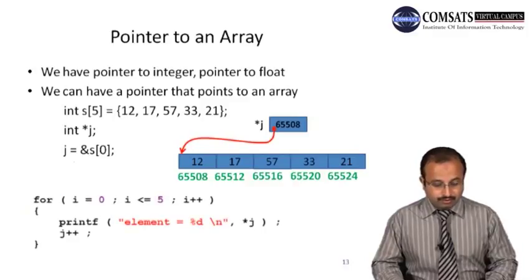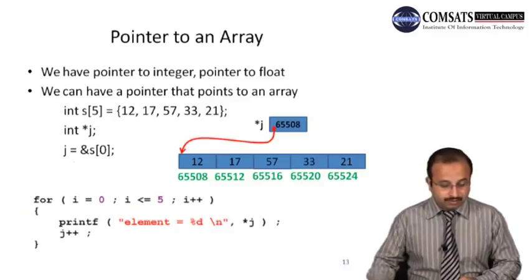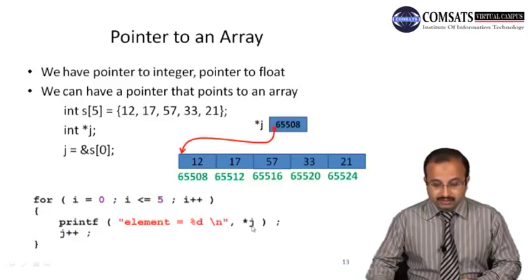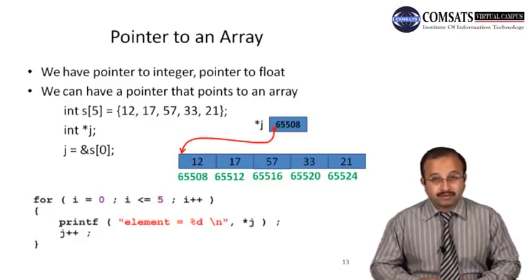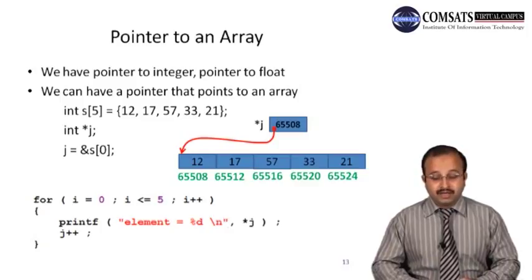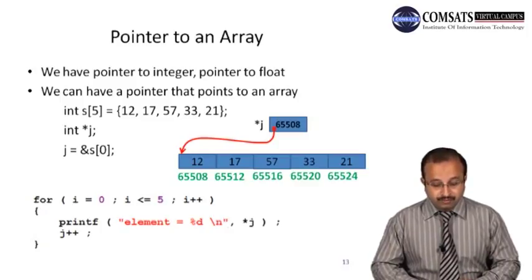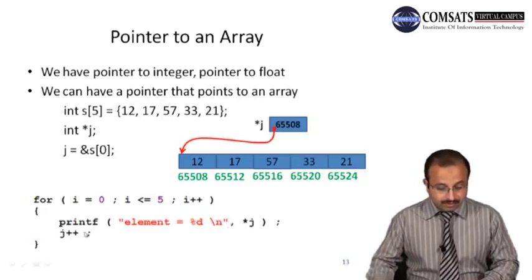Now we can use a for loop here and print the values of the array elements. When the value of i is 0, *j will print 12 because *j is *65508. *65508 means the value at address 65508, and that value is 12. Then j will be incremented. Since j is an integer pointer, the increment of 4 will be performed.